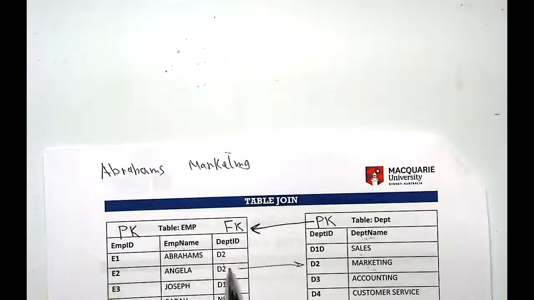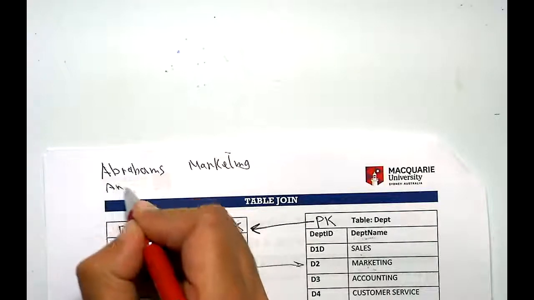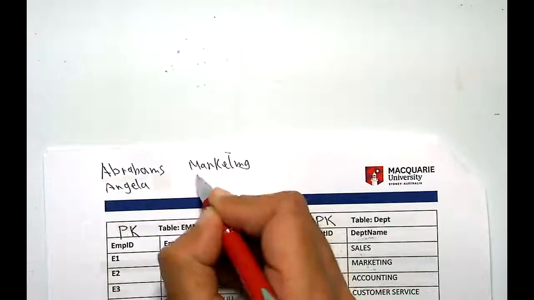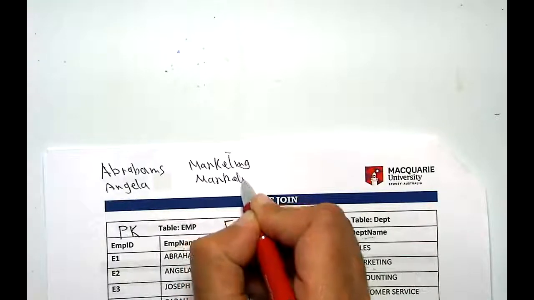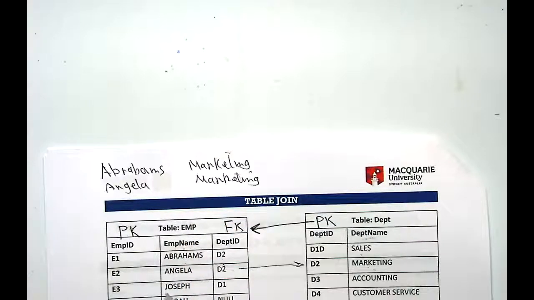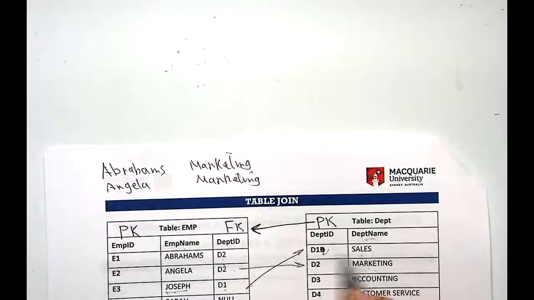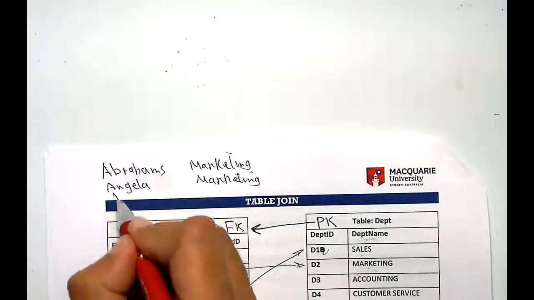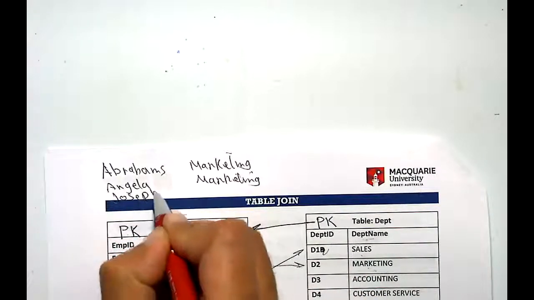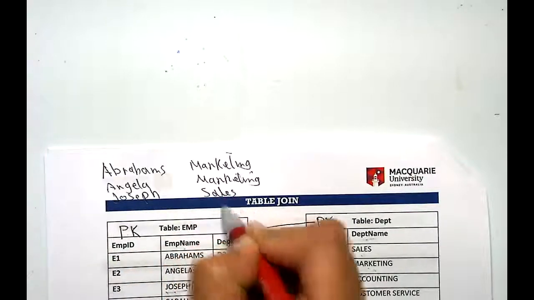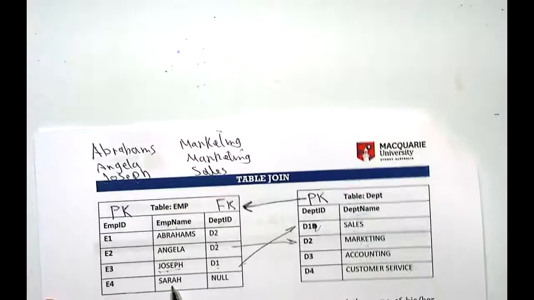And then Angela works in department 2 again, which is marketing. So Angela in marketing. And Joseph works in department 1, and department 1 is sales. So Joseph works in sales.